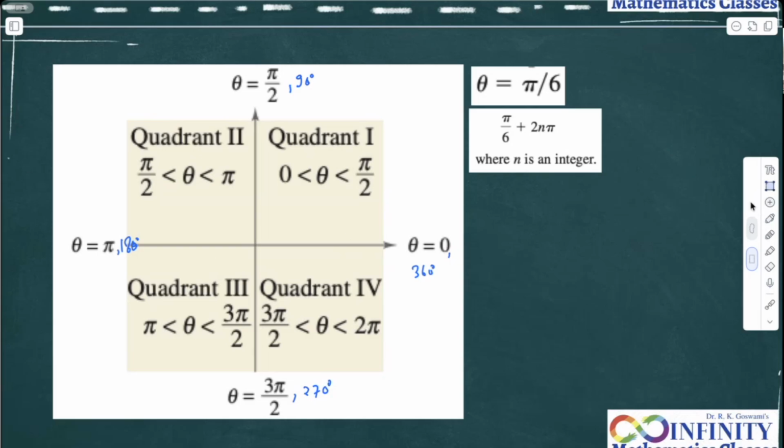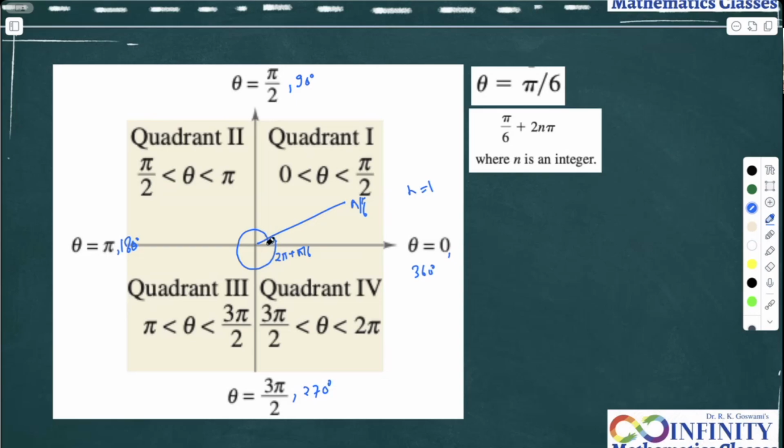So the situation will be like this. There is an angle pi by 6. When n is going to be 1, you will have a complete round and you will be coming to this point. This is going to be 2 pi plus pi by 6. Sorry, let me start from the beginning.